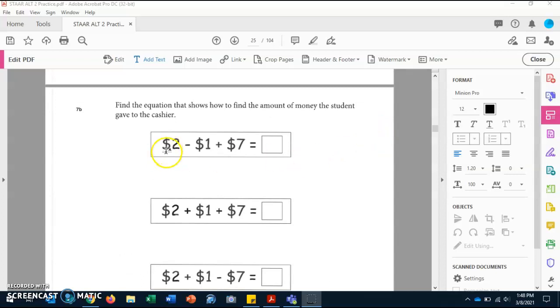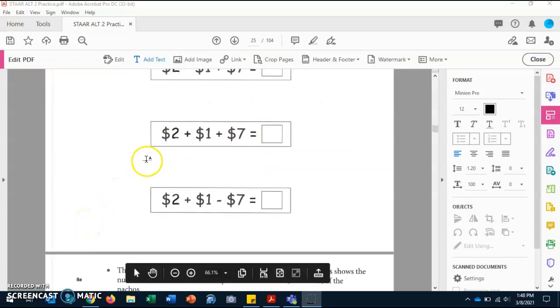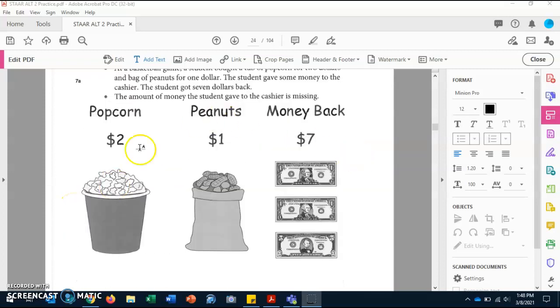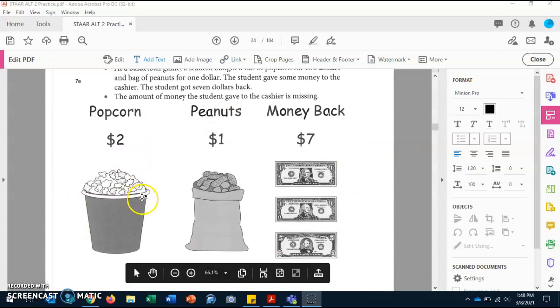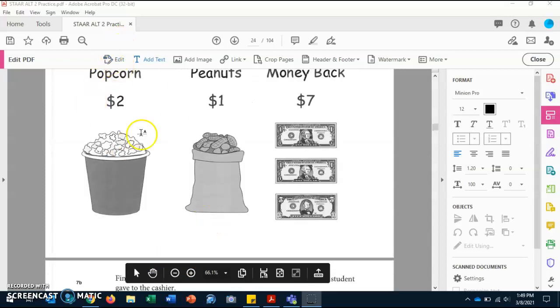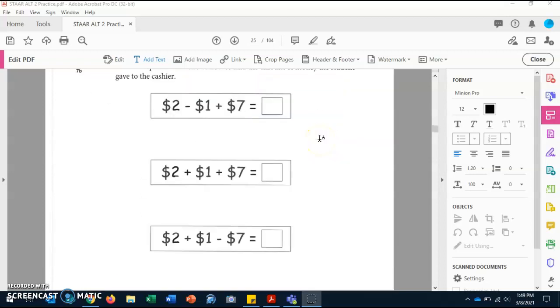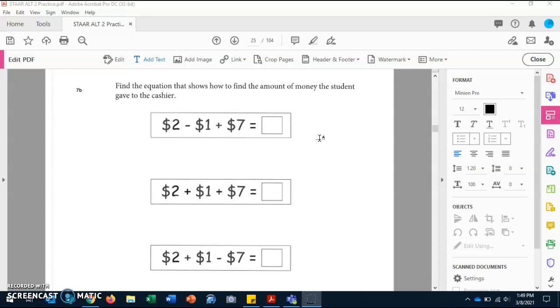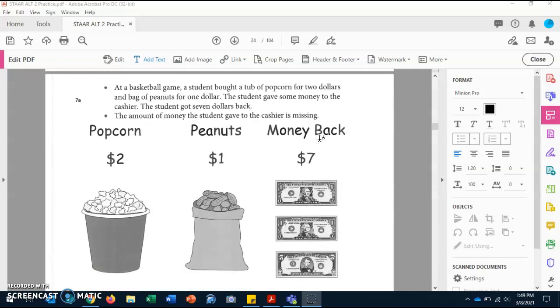So is it 2 minus 2 plus 7 equals the amount of money she gave? Or are we supposed to add 2 plus 1 plus 7? Do we add all of this together so we can know how much she gave? Or do we add the 2 plus 1, the popcorn and the peanuts, and then subtract it by 7? What is the equation we need in order to find out the amount of money she gave to the cashier?